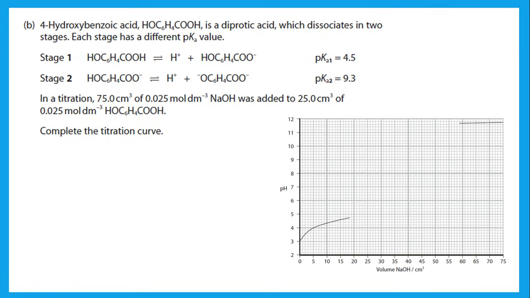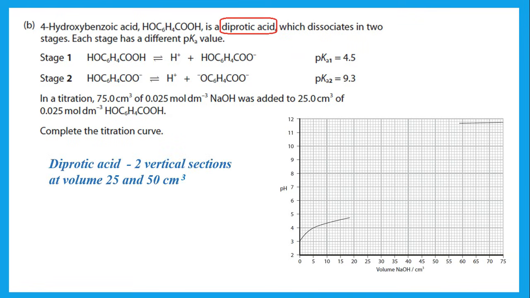Remember, diprotic means when I draw the curve for the pH versus the volume, I should have 2 vertical lines or 2 sharp rises in pH. The first one should happen at 25 because 25 centimeter cubed of the acid would need 25 to neutralize the first proton and another 25 to neutralize the second proton.